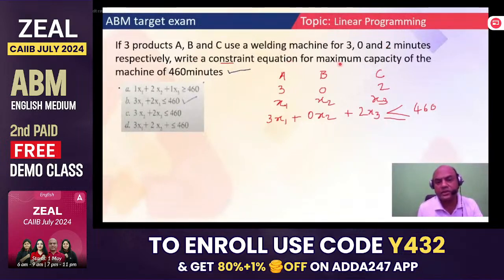Write the constraint equation for the maximum capacity of 460 minutes. Now look at this: A, B, C. A is using it for 3 minutes, B for 0, C for 2. Now let's say we produce X1 units of A.